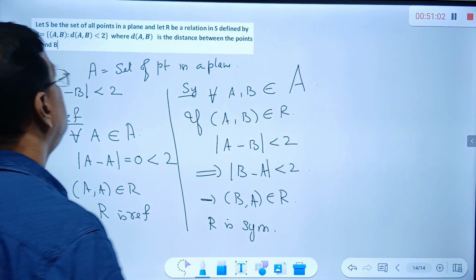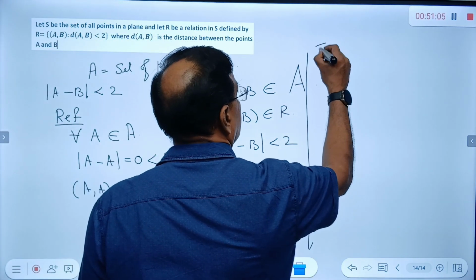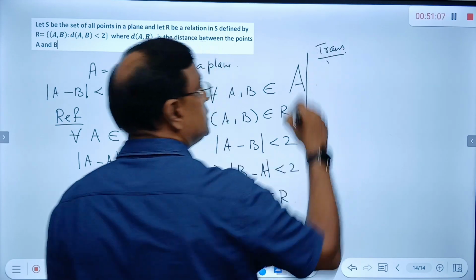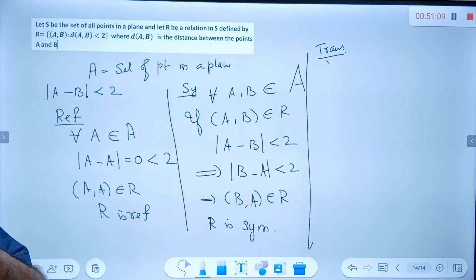And last one, transitive. Let us see how we verify whether it is transitive or not.